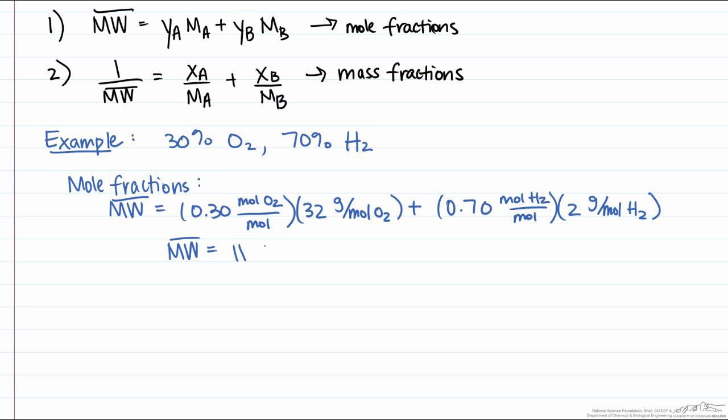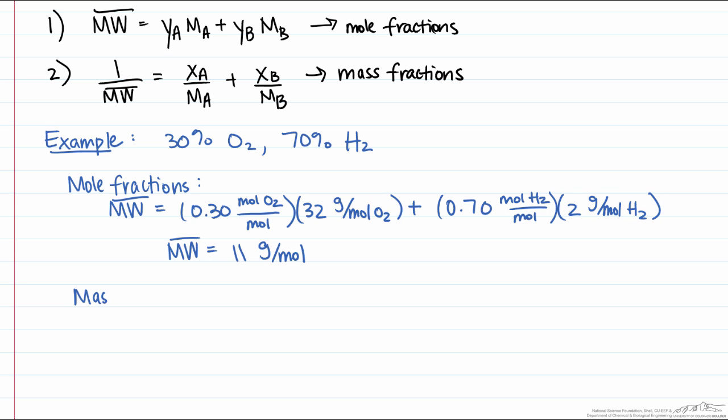Therefore, our molecular weight is 11 grams per mole. One thing you should always check is that the average molecular weight should be between the two molecular weights that you have. For example, 11 is between 32 and 2.